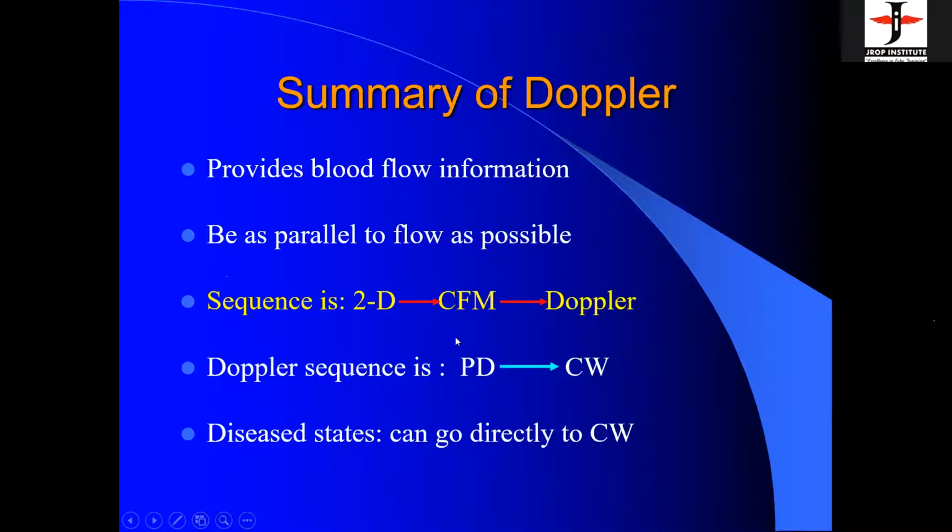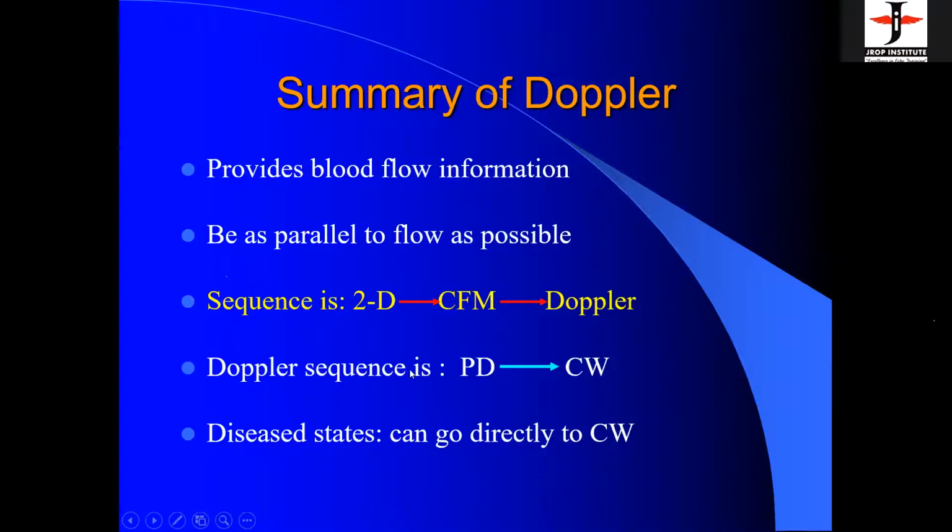So even in a non-turbulent flow, your aim should be to always record a Doppler with the help of color flow mapping, because some jets can be very eccentric and not straight. So you have to look for a very eccentric jet also.